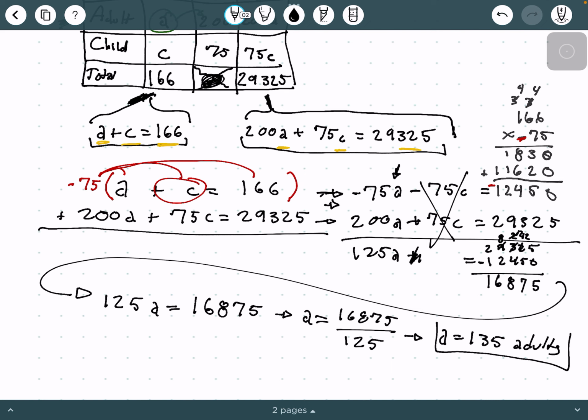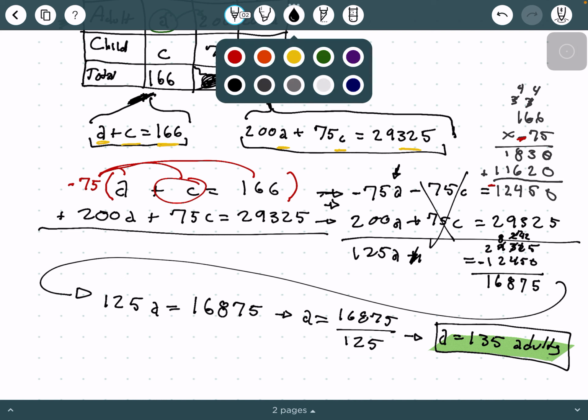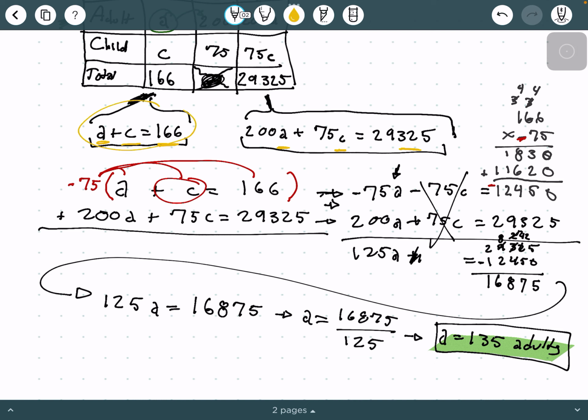Nice. Okay, so we have part of our answer. Now we need to find out the children. How many children are there? We have the adults. We total have 166. We have a really easy equation up here to figure that out, right? A plus C equals 166.